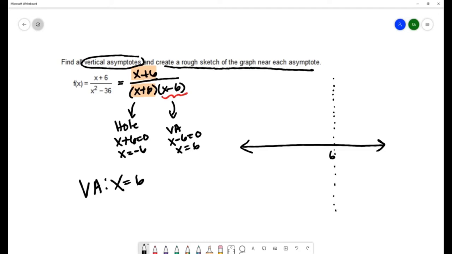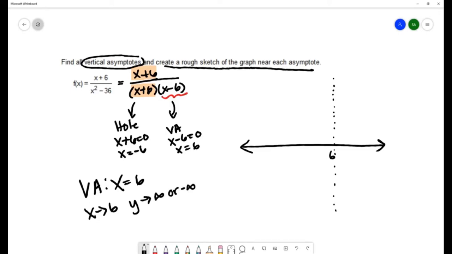I'm drawing a little dashed line to represent the vertical asymptote. And we need to remember the definition of a vertical asymptote: as x approaches that value of 6, y is either going to approach infinity or negative infinity.